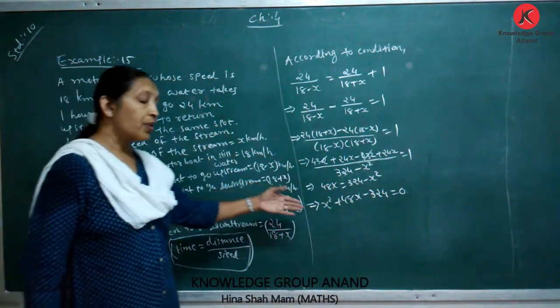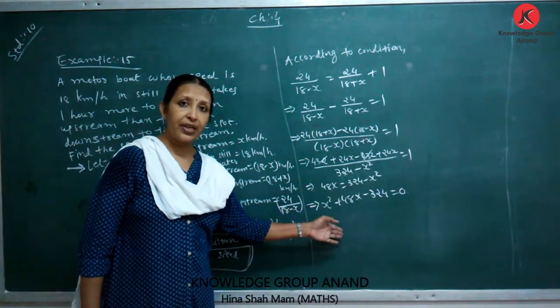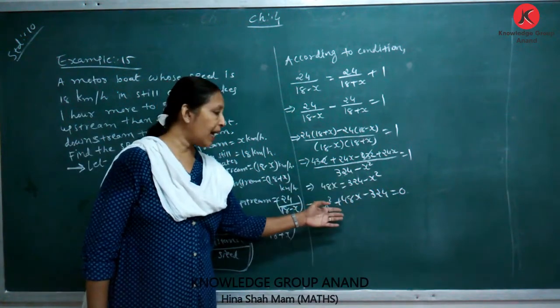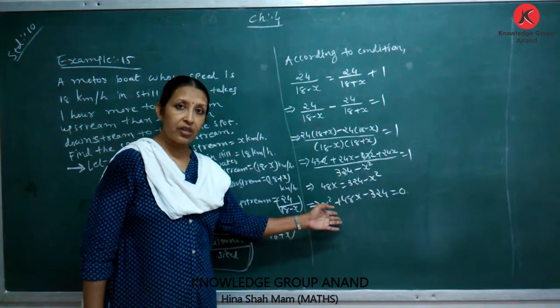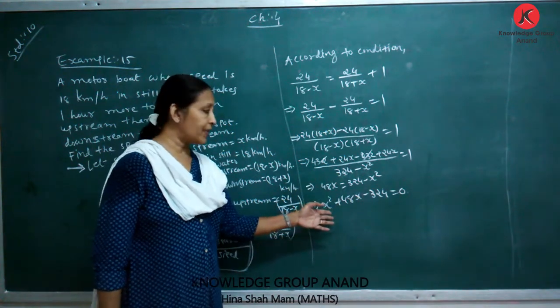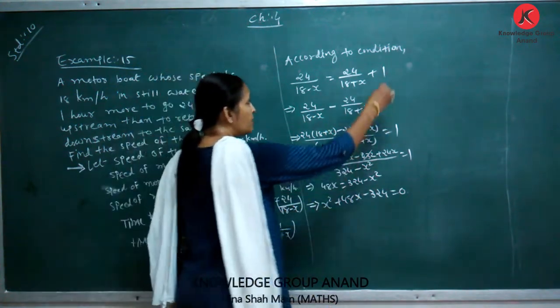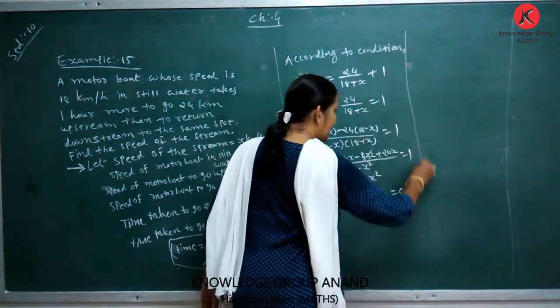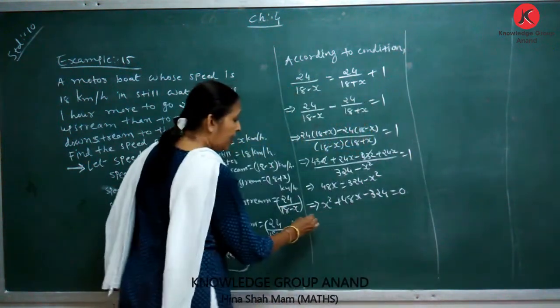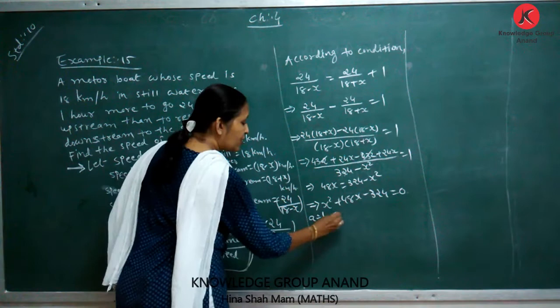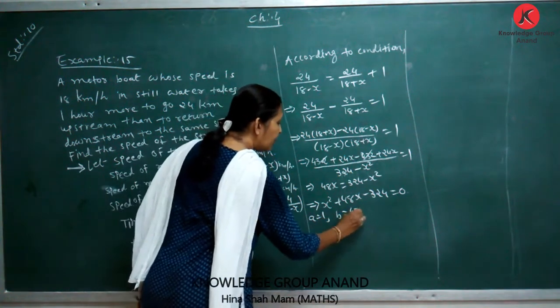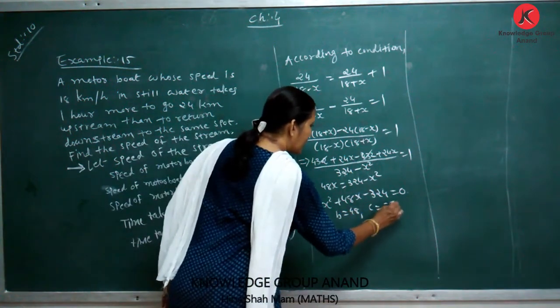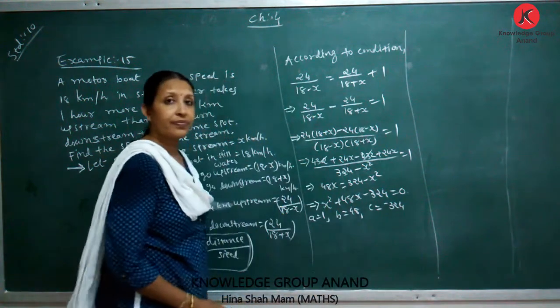Now you can solve this equation by factorization, by using the general formula, or by the completing square method, as you like. But I like the general formula here. a equals 1, b is equal to 48, c is equal to minus 324.